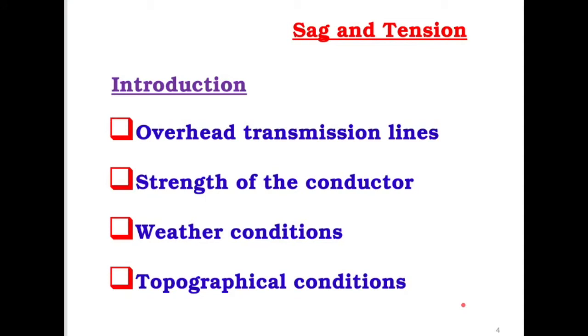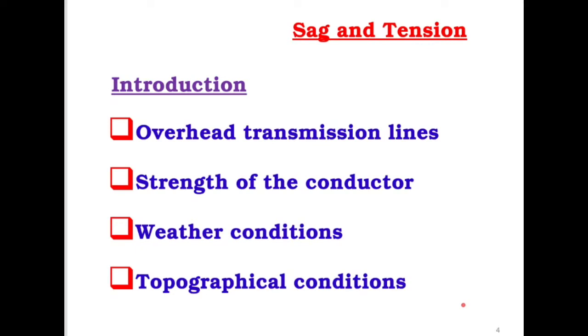So we are going to go to overhead transmission lines and sag and tension. This chapter is on sag and tension, meaning the sag related to a conductor when it is strung in between two adjacent supports.